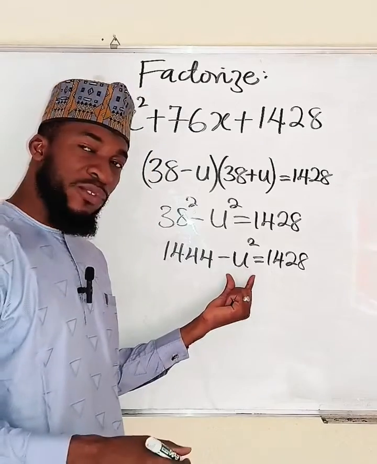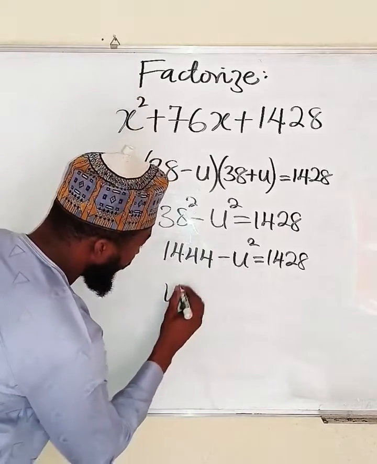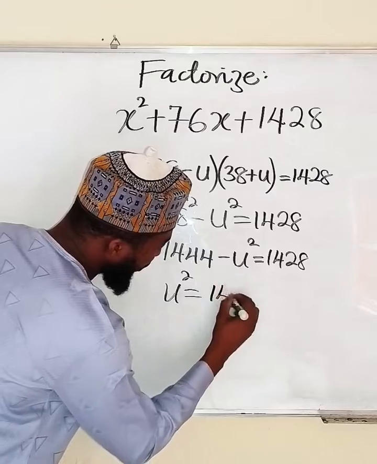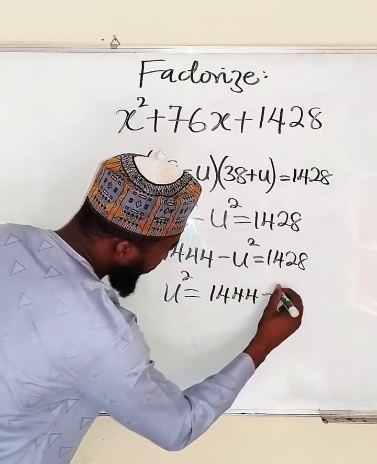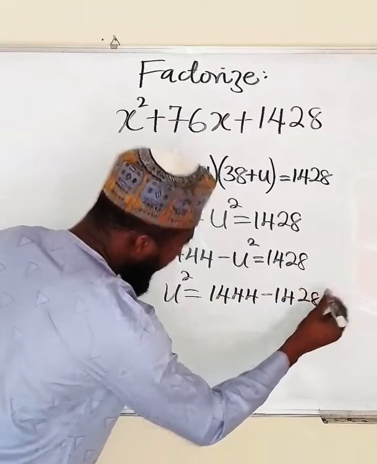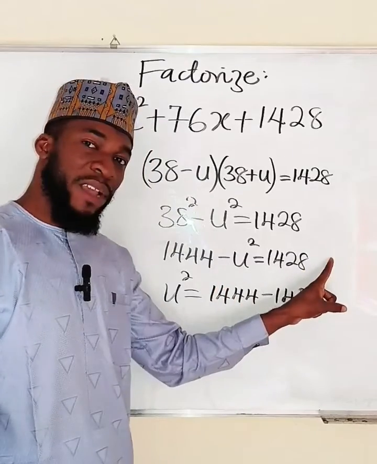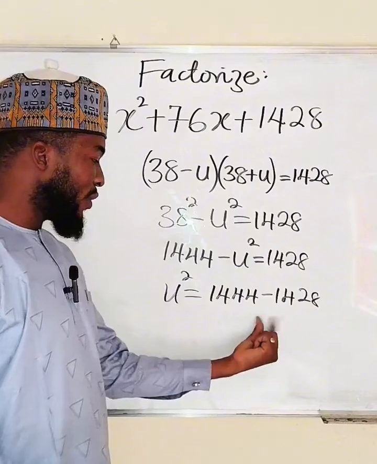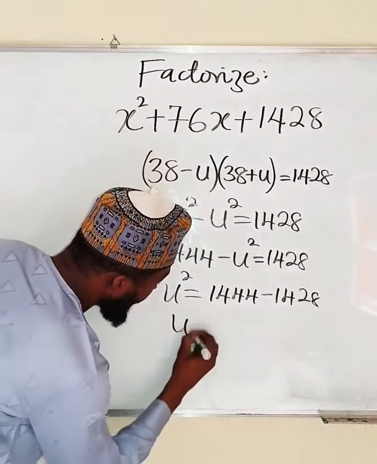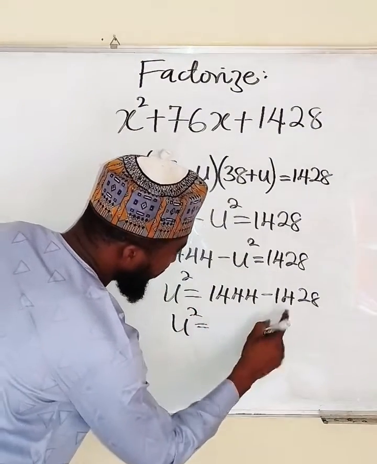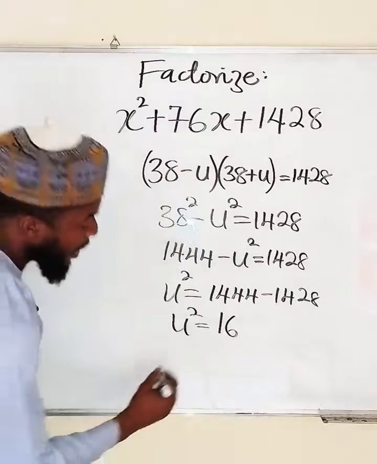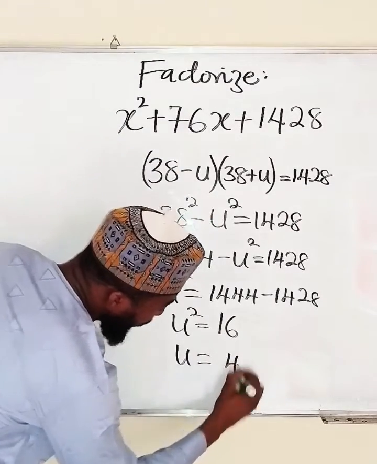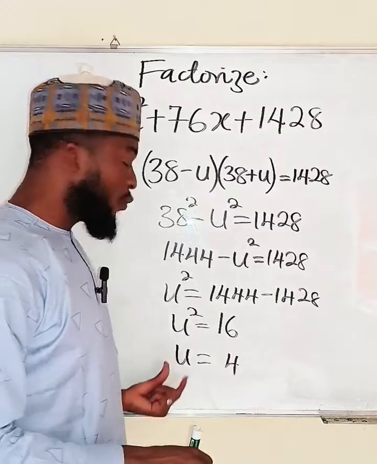So we are going to make u squared the subject. u squared will be equal to 1444 minus 1428. Once you take this one to the other side, it becomes positive. You take this one backward, it becomes negative. So this is what we have. And u squared will be equal to this minus this, which is 16. And u will be equal to 4 by taking the square root of both sides.